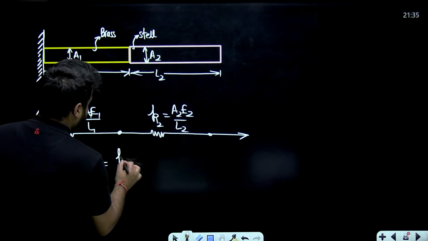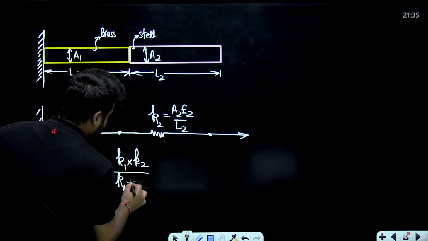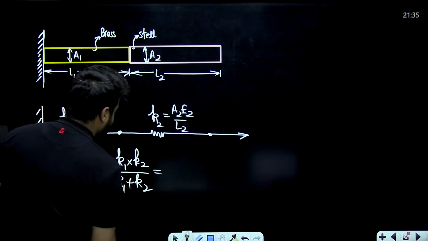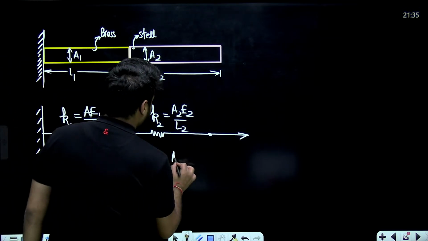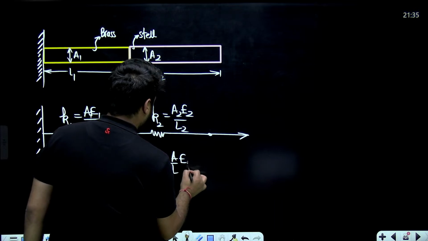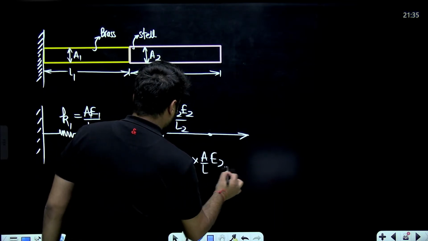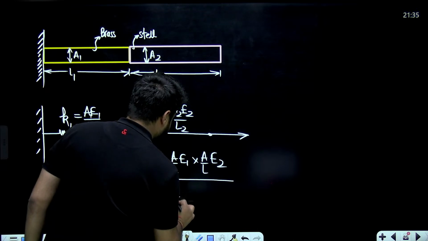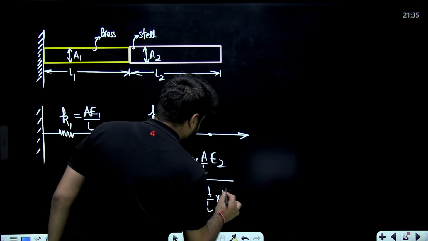That is K1 K2 divided by K1 plus K2, or not? Yes. What is K1? Sir, (A by L) E1 into (A by L) E2 divided by (A by L) E1 plus (A by L) E2.